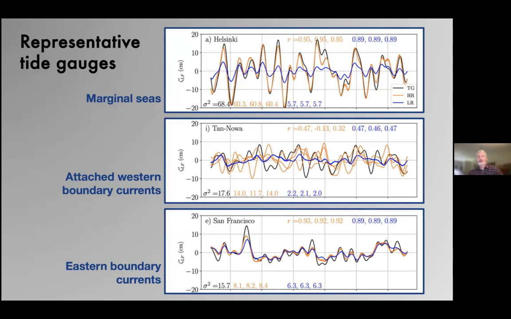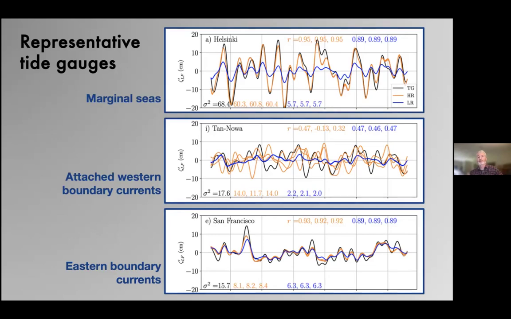So if you look at Helsinki, you can see that there is a fairly high correlation in the low resolution and high resolution model, but there is a much better representation of the amplitude of variability. It's almost spot on in this very narrow, shallow sea that we're getting this representation of the historical sea level variability much better, and I would say very well in the high resolution model.